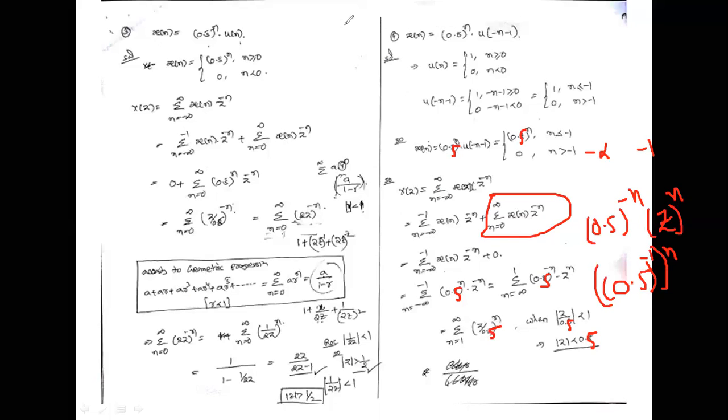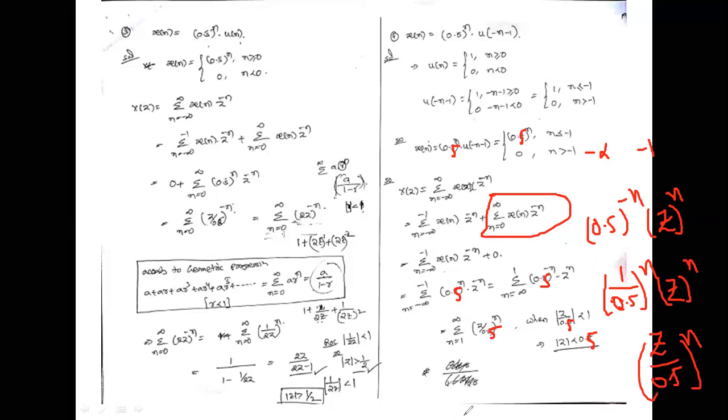I will show this in this term only. So 1 by 0.5 whole power n and z power n. I'm changing this negative by keeping the 0.5 in the denominator. So write this function totally, 0.5 whole power n.